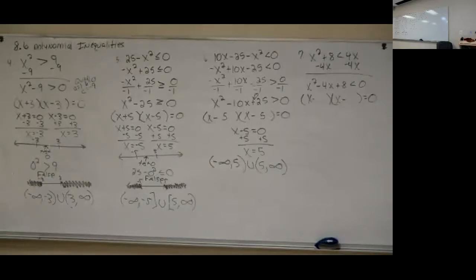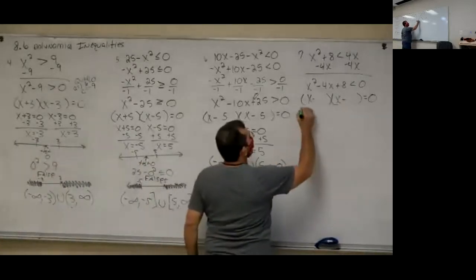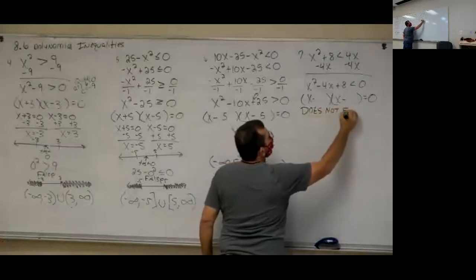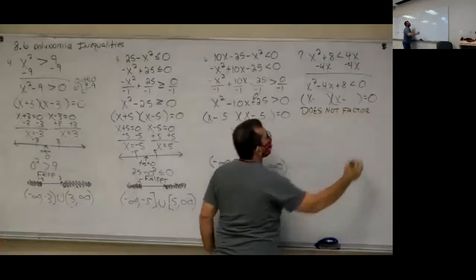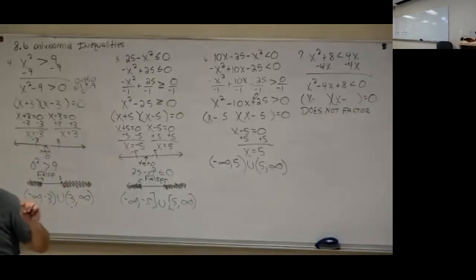You finding anything? I ain't finding anything. 1 and 8, that ain't working. 2 and 4, that ain't working. So guess what? This does not factor. So it is a no solution.